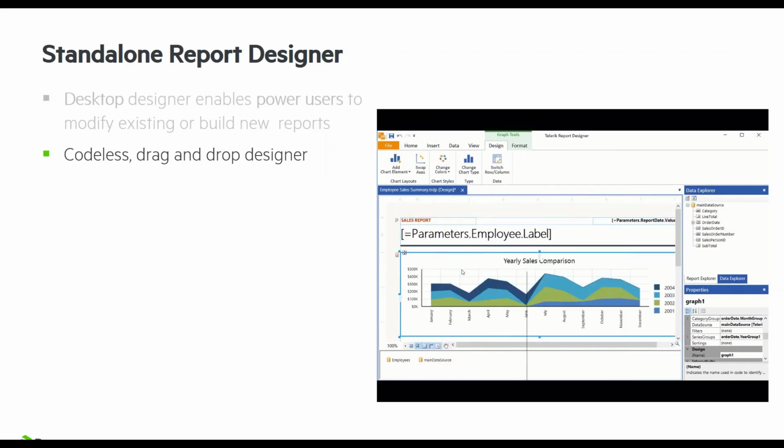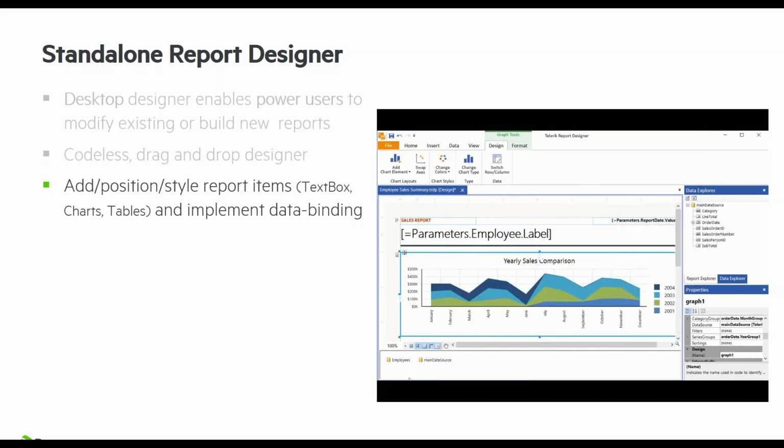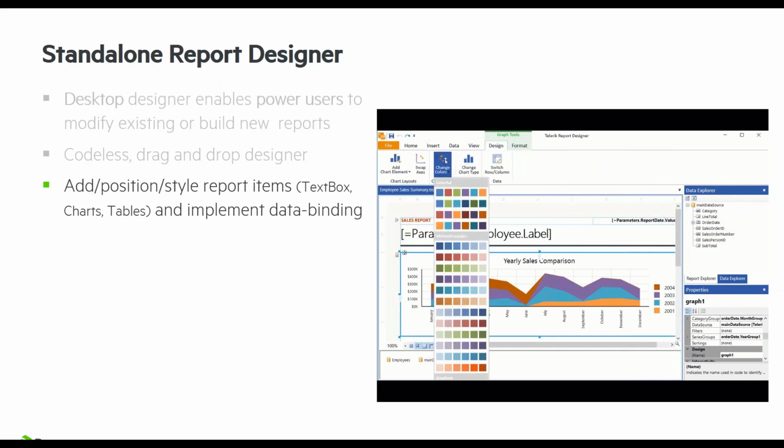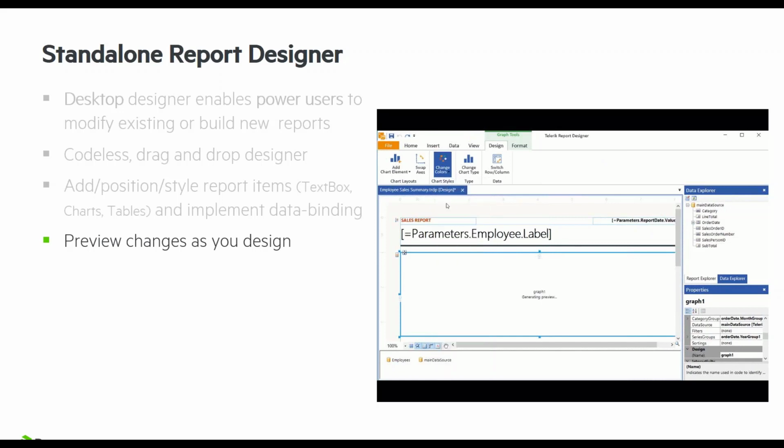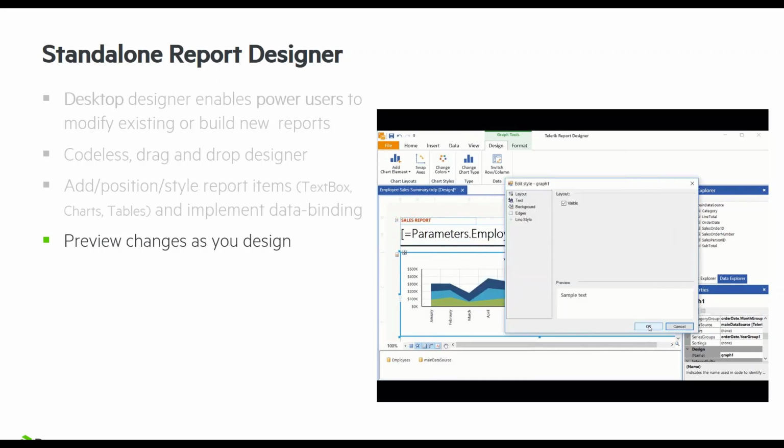You have a design surface to add, position, and style report items. You drag a text box or something of that nature, perfectly position it, right-click on it, and have a properties area to set most of the CSS-like styling properties and expressions that bind data into that report item.